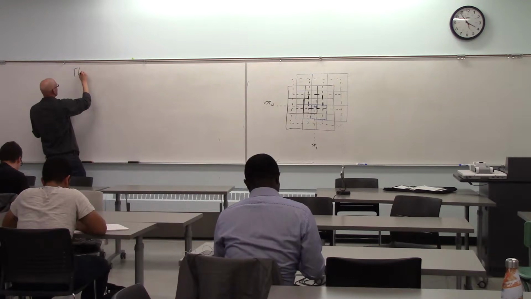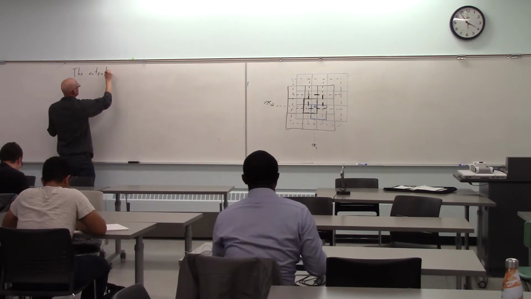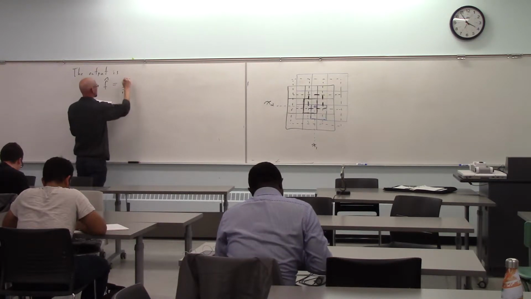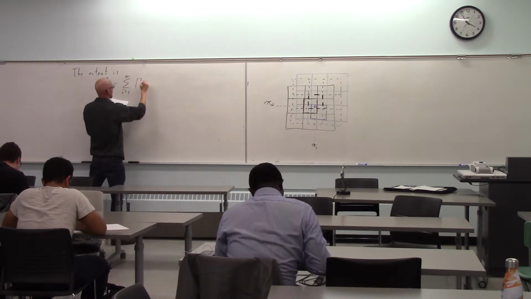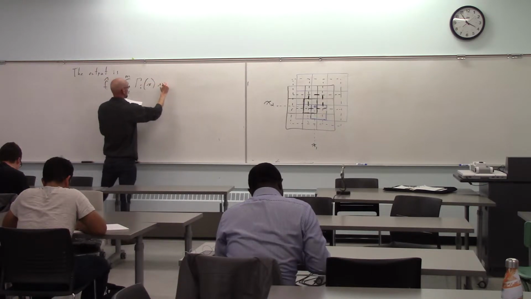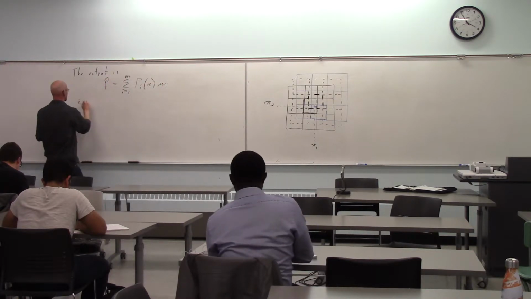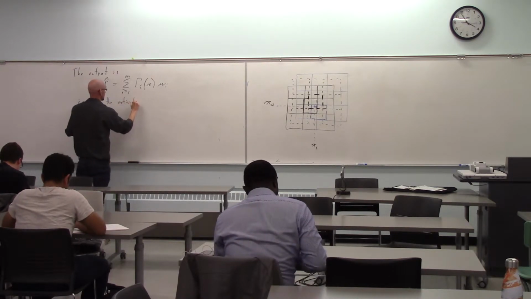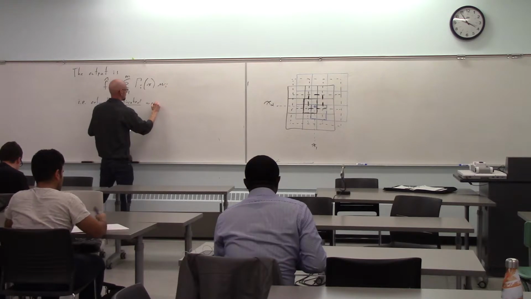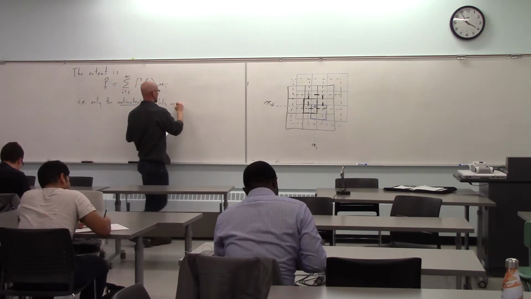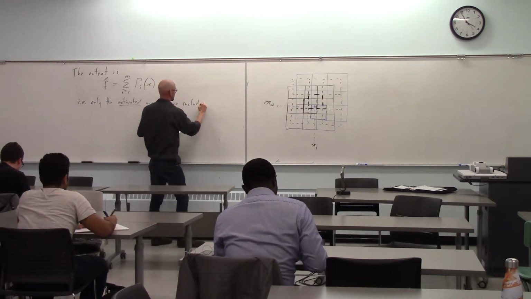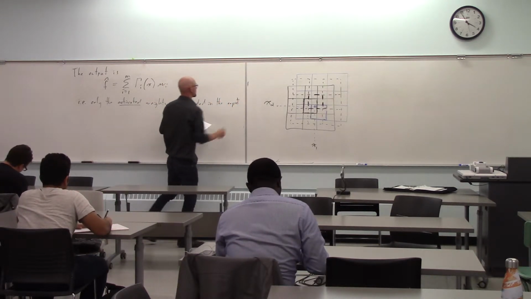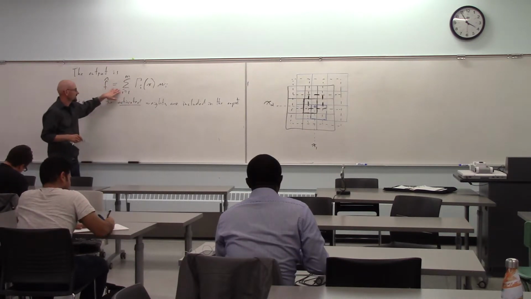So the output is f hat equals the sum from i equals 1 to m of gamma i of x times w i, i.e. only the activated weights are included in the output. So you can see where the big advantage is.